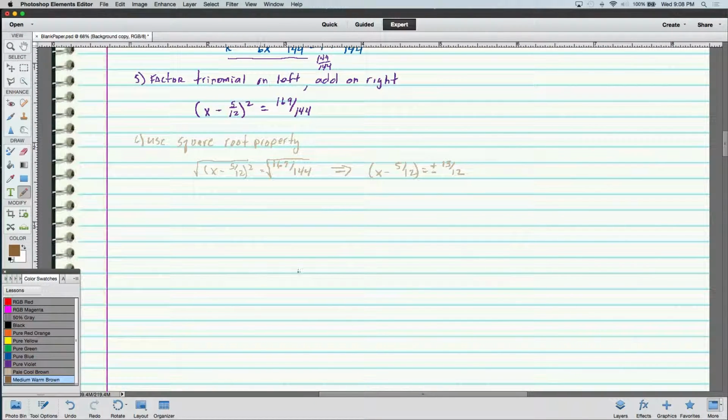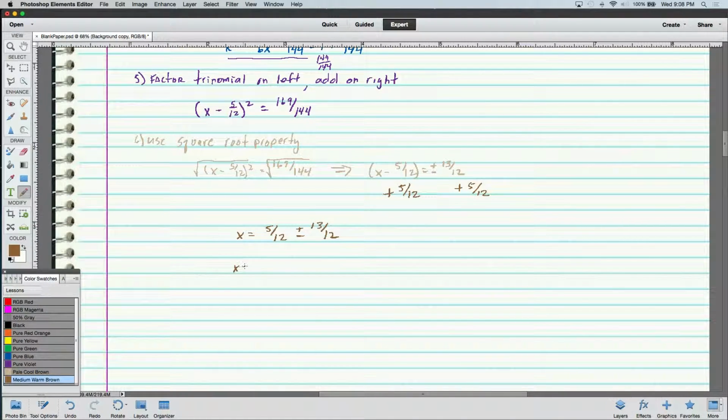So just simplifying this, we need to solve for x, moving the number over to the other side. We'll add 5/12, and we're left with x equals 5 over 12 plus or minus 13 over 12.